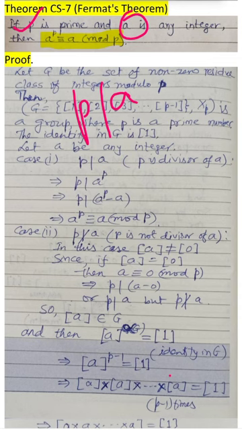if P is a divisor of A, फॉर एग्जाम्पल आप इस बात को यूँ समझ सकते हैं कि 3 is the divisor of 12 or 9.